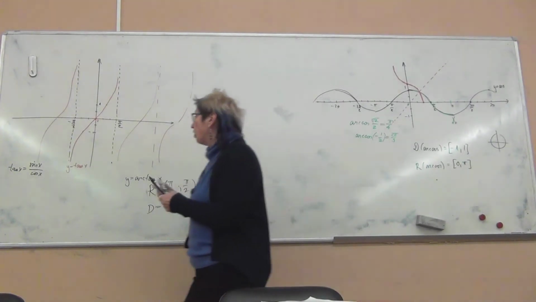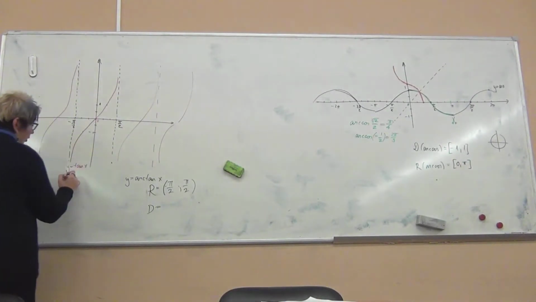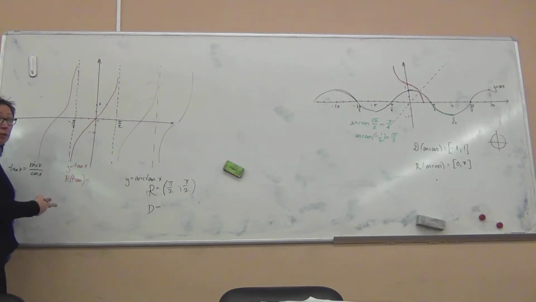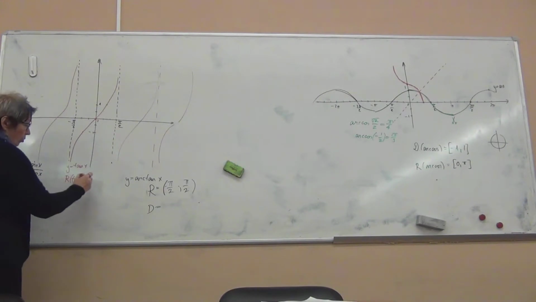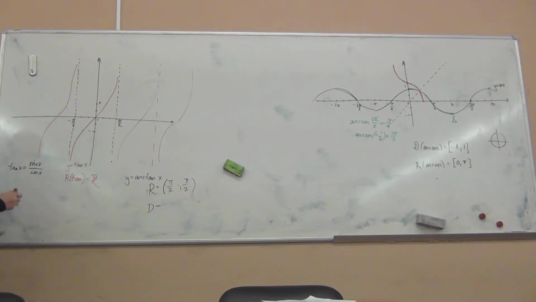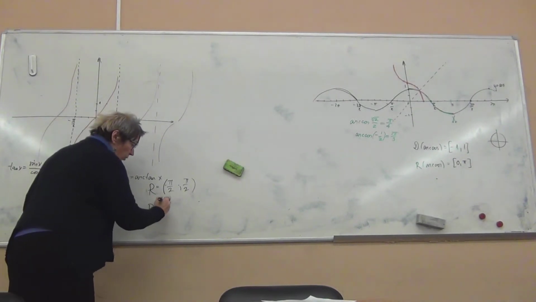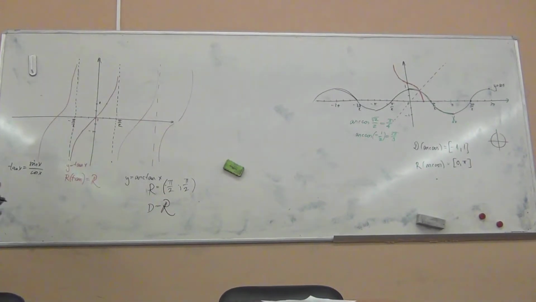All right. For the tangent function, the range of the tangent function is what? All real numbers are possible. So the set of real numbers, which means the domain for the arc tangent is just that. The set of all the real numbers from minus infinity to plus infinity.